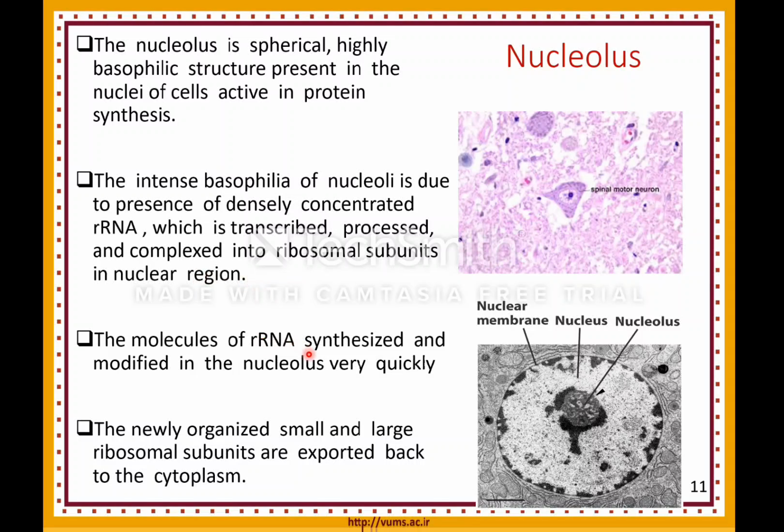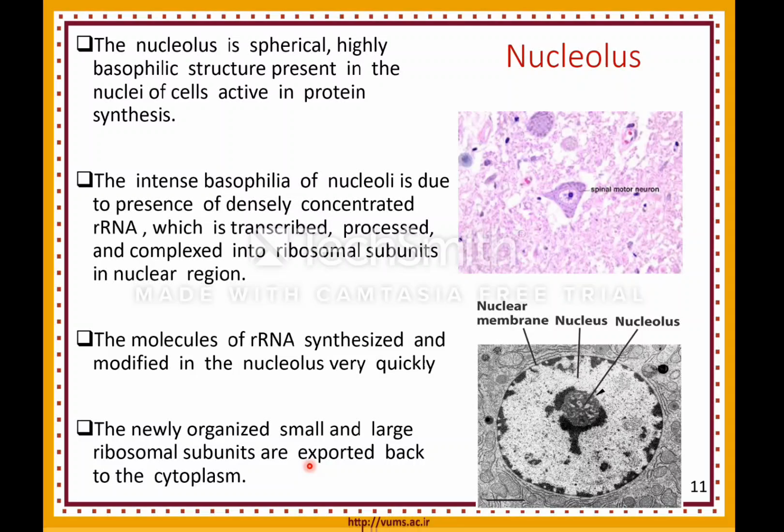The RNA molecules are also synthesized and modified in the nucleolus very quickly, and the newly organized small and large subunits, and also rRNA, are exported back to the cytoplasm.